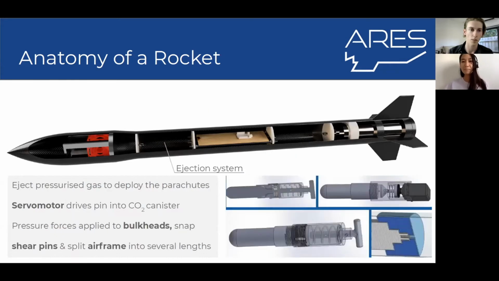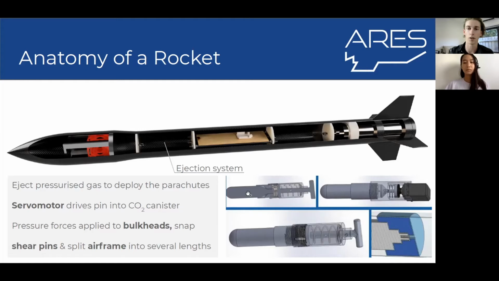And in order to deploy the parachute in the first place, we have an ejection system, which is built into this cavity here between these two bulkheads. There are a few different designs that we have at the moment floating around. One option is to have a little servo motor here that drives a pin into this canister. Another option is to have a spring-loaded design.